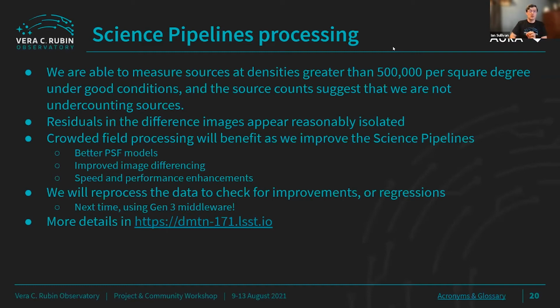Beyond that, what we're going to begin working on within alert production, we've actually begun on it, but we'll be developing it in sophistication soon, is machine learning for real bogus. Identifying a true transient in a poor subtraction is a good candidate for real bogus classification. Thank you.